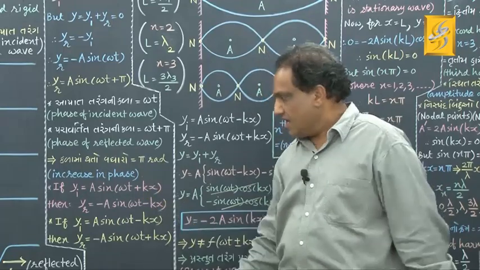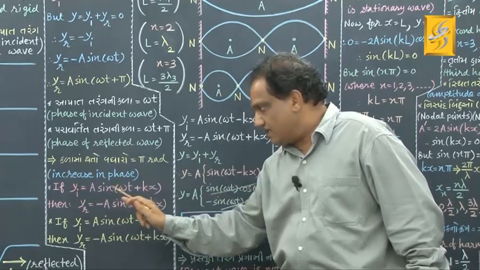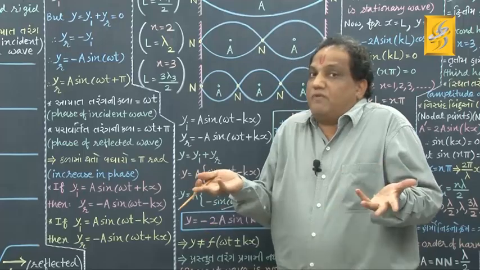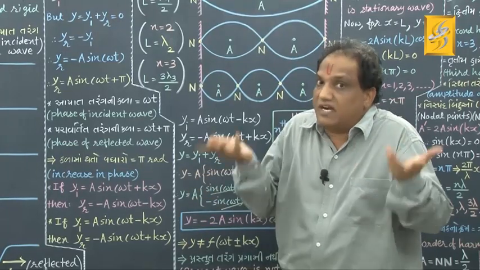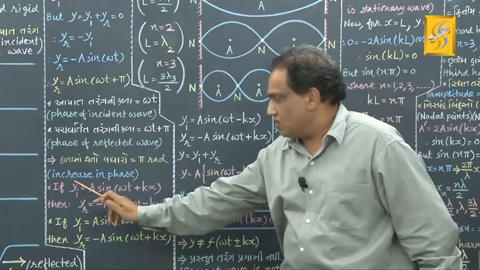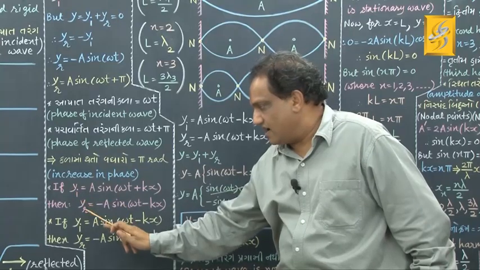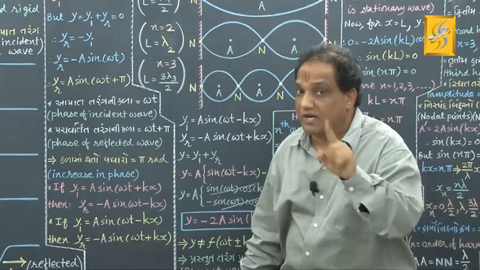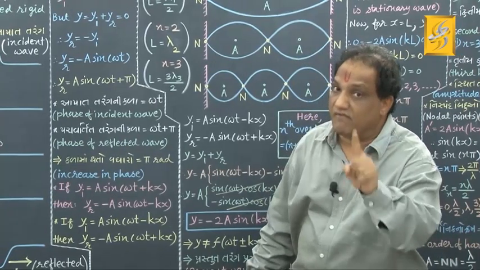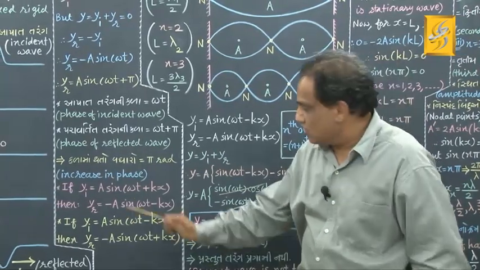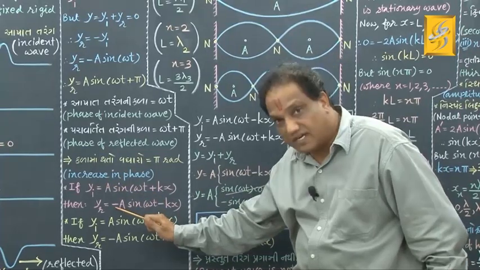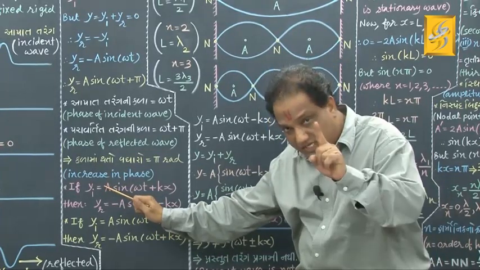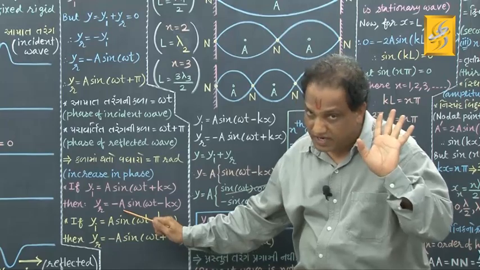Simple? Fine. If the incident wave is represented by this equation, then what would be the equation of the reflected wave? I am showing you. Instead of yi, you must write yr. Now one thing you know, that a crest will become a trough, and a trough will become a crest. In short, there will be reversal of shape. So instead of plus a, now we should write minus a. Plus a means crest, minus a means trough, correct?